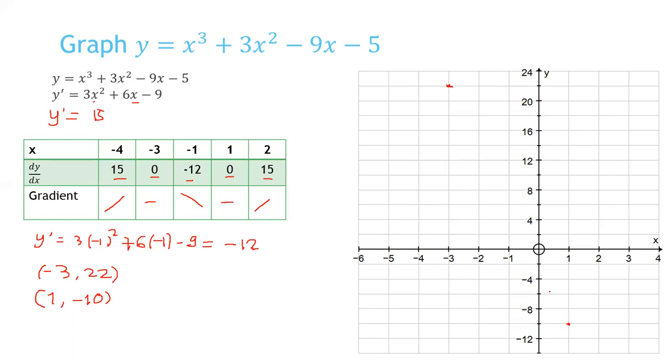And next we need to find the intercept between this function and the y-axis. Yeah, if x is 0, y is -5, it means the intercept is at this point, 0, -5.